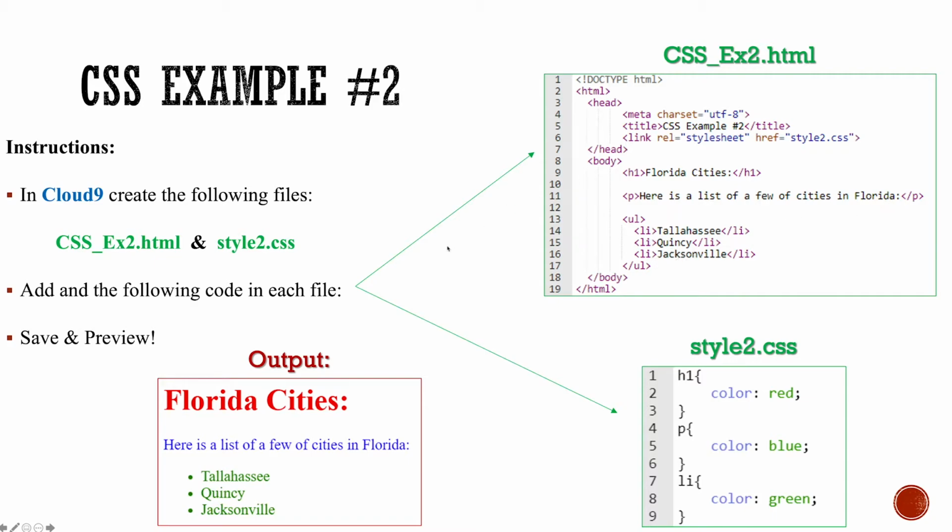In the CSS, don't forget to always link to the CSS. In the link tag, I have a link to style2.css, and in style2.css, I declare H1 to have a color of red, paragraph to have a color of blue, and the list to have a color of green. So this is the result.